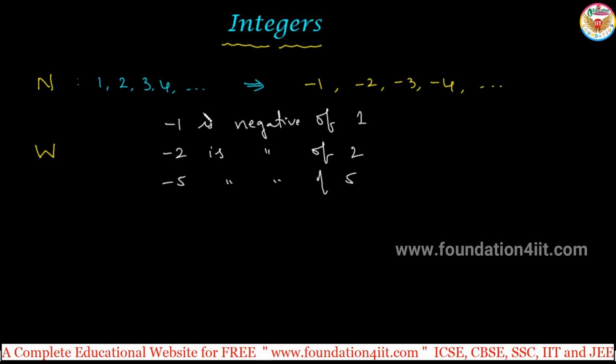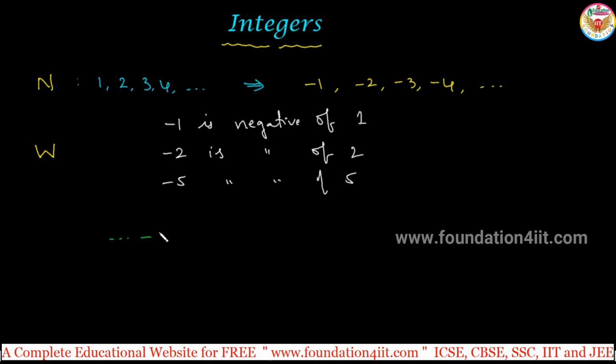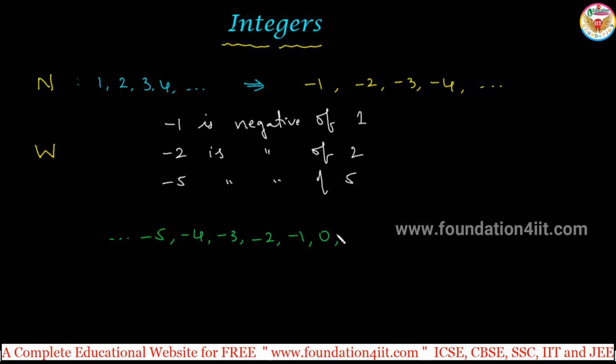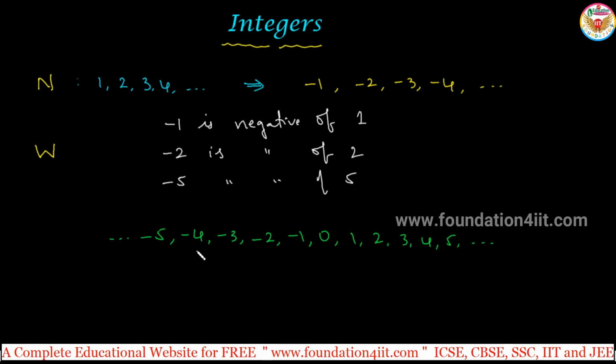Now when you combine both the natural numbers and the negatives of natural numbers, including 0, that is, so on, minus 5, minus 4, minus 3, minus 2, minus 1, 0 also included, 1, 2, 3, 4, 5, and so on. Now if you notice, considering these new numbers with whole numbers, we got a new collection of the series.